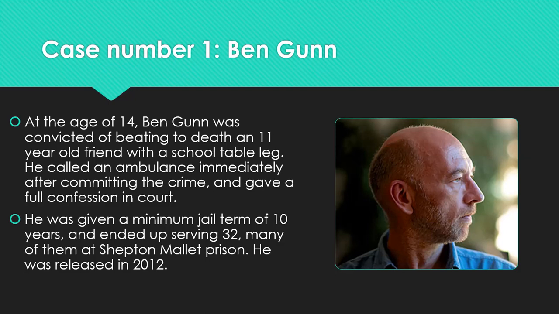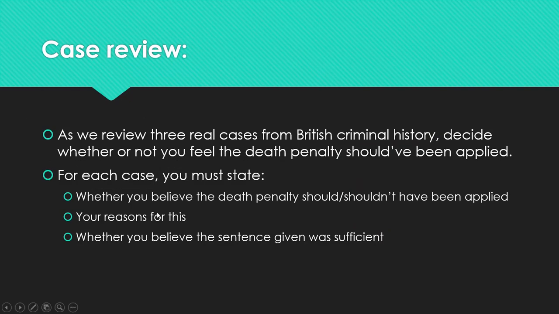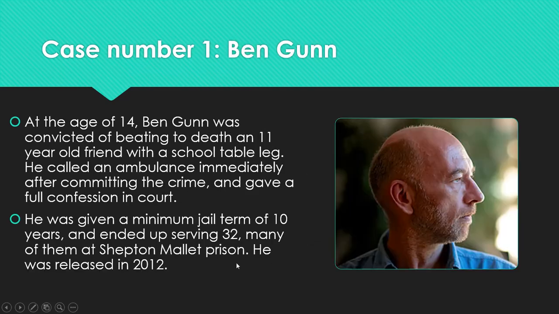So I want you to write down if you think the death penalty should or shouldn't have been applied for Ben Gunn. What's your reason for this? So say why, and whether you think this sentence of a minimum of 10 years but actually serving 32 years was enough for beating to death an 11-year-old with a school table leg.